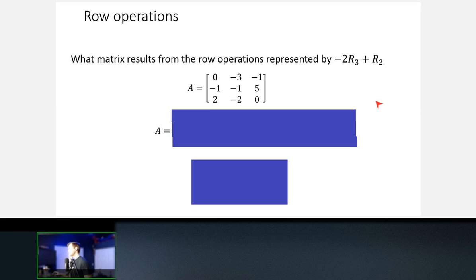Or anybody? Because it's the last term in the operation. Yeah, so this is important, especially when doing reduced row echelon form. We only change the row that is listed last in the operation here. So row 2 is the one that changes.